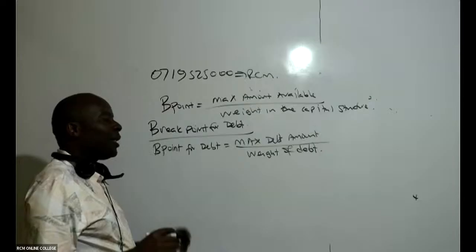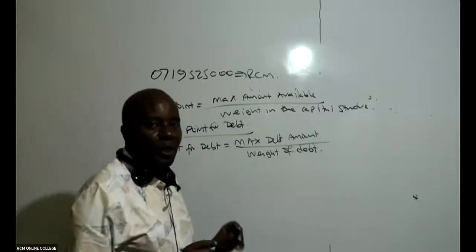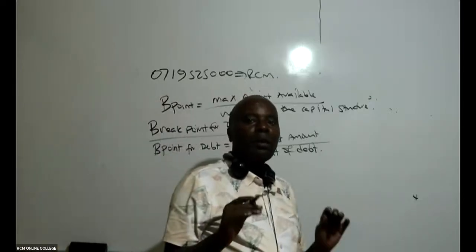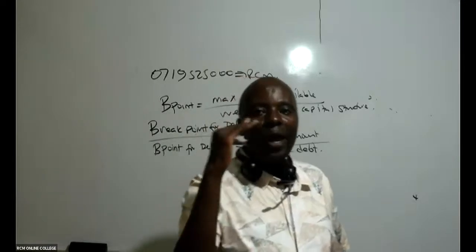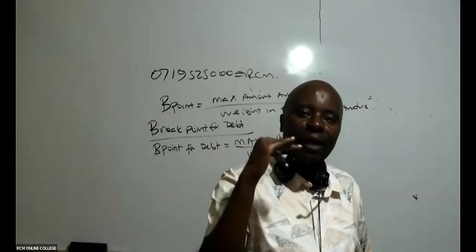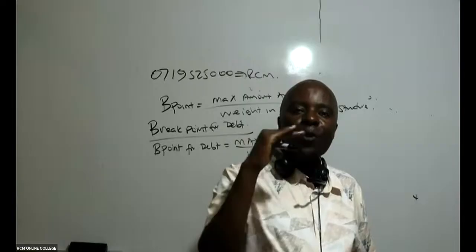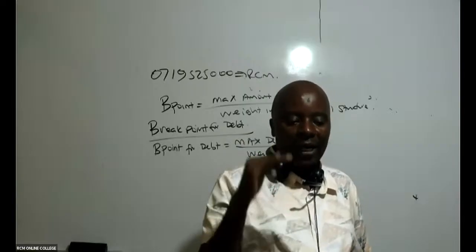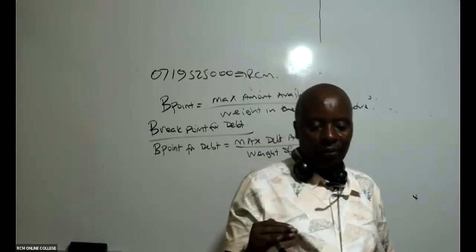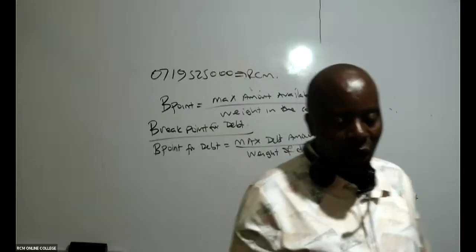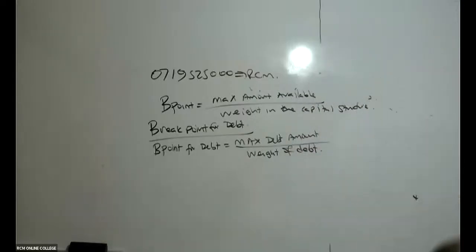Even if you go all the way from here to Timbuktu, in terms of debt there is nowhere they are specifying any amount. Try reading the new information on debt; there is nowhere they are specifying.